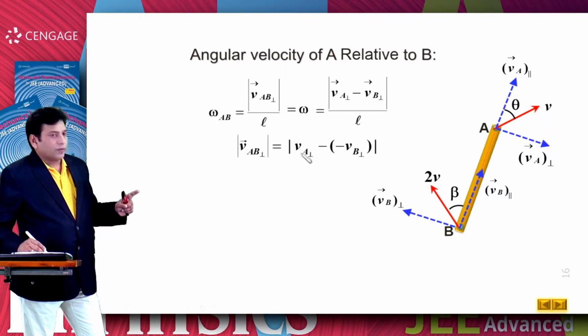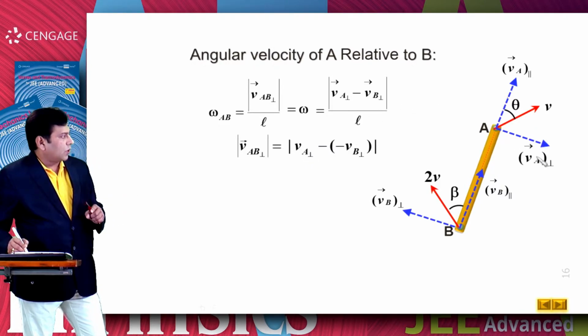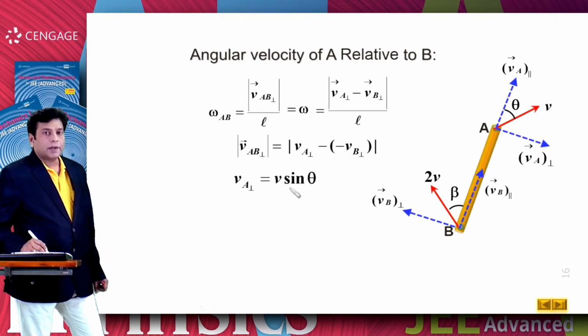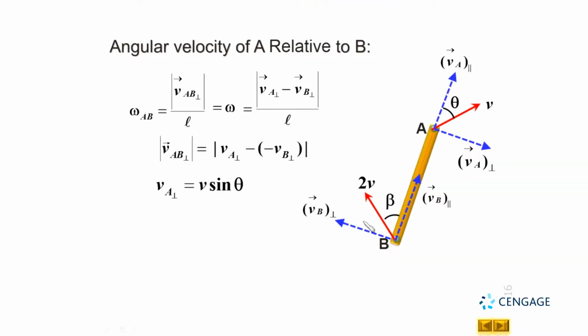Now we know this value, that is VA perpendicular, it is equal to V sin theta, right? And in a similar way we can write VB perpendicular equal to 2V sin beta.